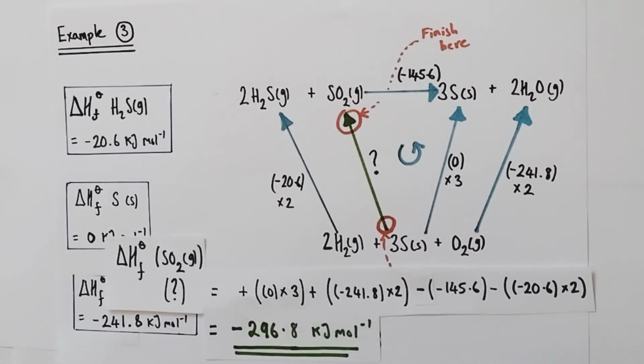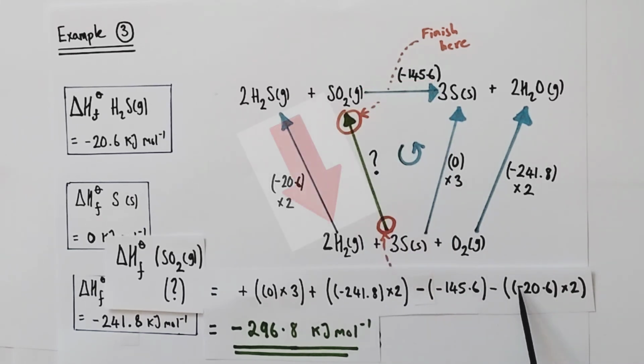So our enthalpy change of formation of sulfur dioxide is as follows. Plus 0 times 3, going with the enthalpy change of formation of sulfur. Plus minus 241.8 times 2, going with the enthalpy change of formation of water times 2. Minus 145.6, going against the enthalpy change of reaction for the reaction itself.